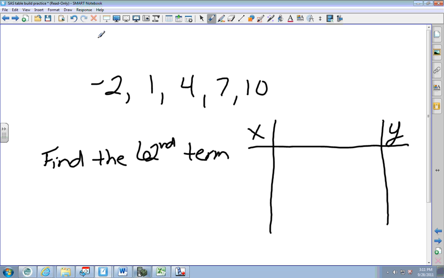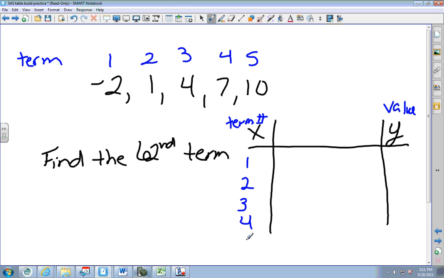See, now when you go through here, the x is the term number. And this is the value. So right here, the term number, the first term, second, third, fourth, and fifth. So I would have 1, 2, 3, 4, 5, and then I'd put an x down here. This right here is the value. So you would put in here a 1, a 4, a 7, and a 10.